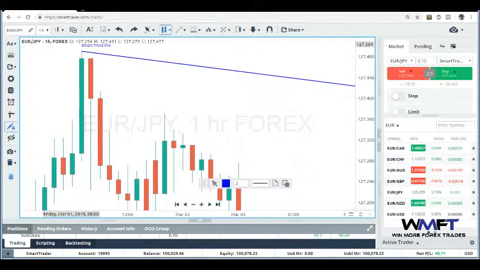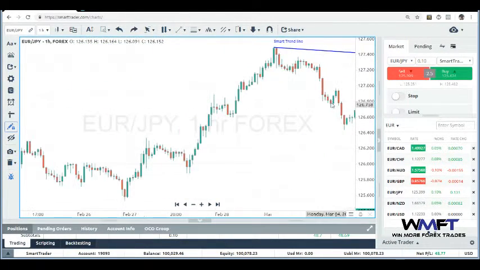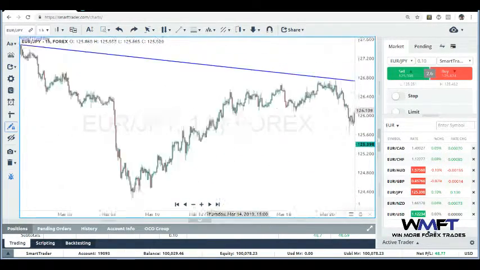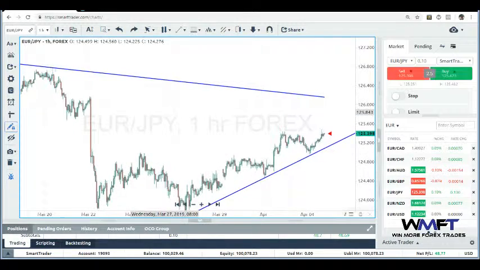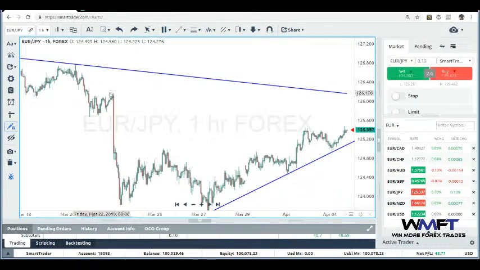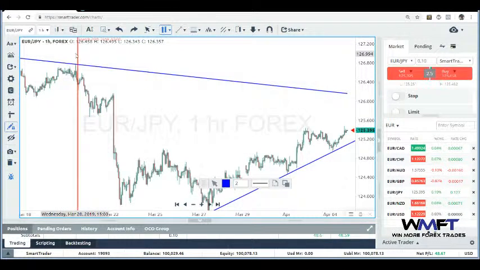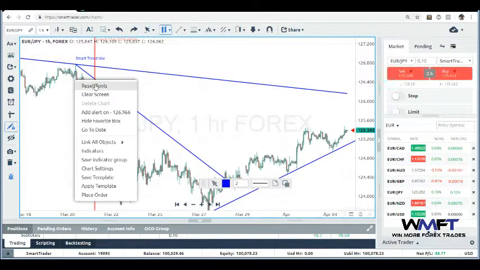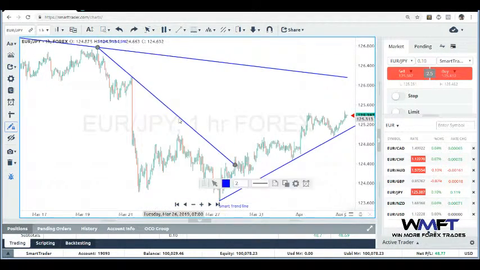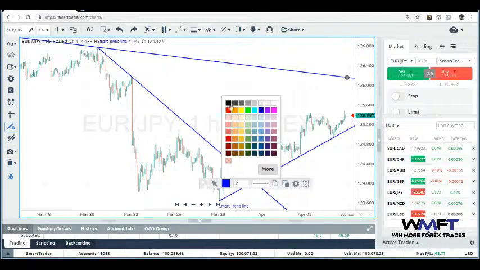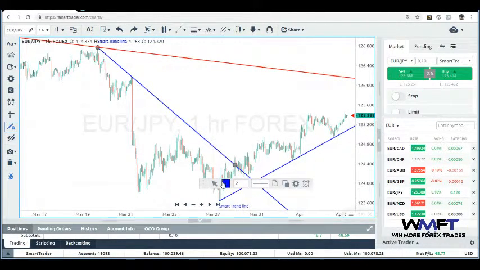Bring in trend lines. Alright, smart trader is telling us that this downtrend right here. Let's extend those. Let's actually change the color of those because we don't want to get confused.